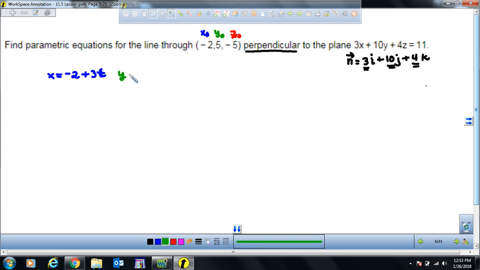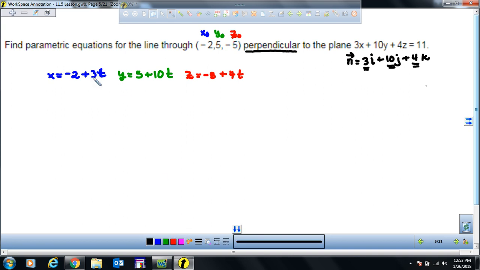Then y equals my initial value for y, which is 5, plus 10, which is the y component of the vector perpendicular to that plane, times some parameter t. And then z equals the initial value for z, which is -5, plus 4, which is the z component of the vector perpendicular to the plane, times some parameter t.